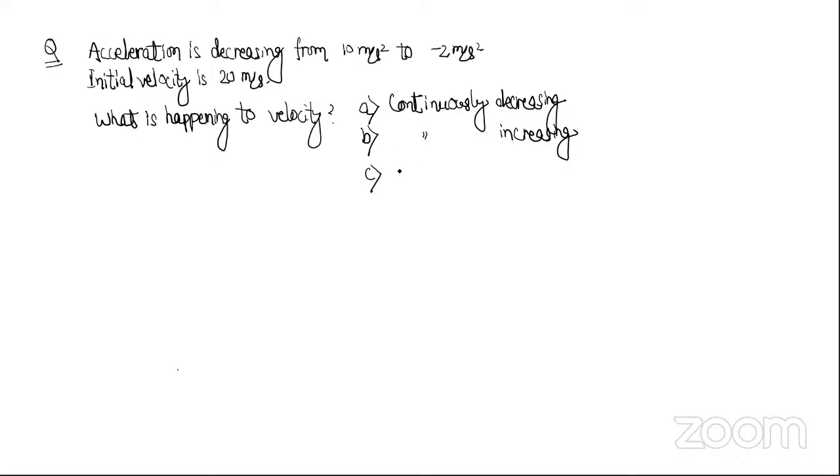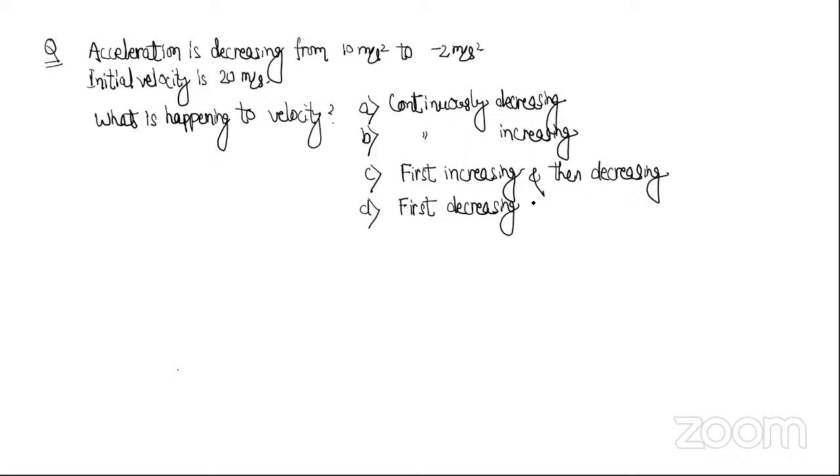C, first increasing then decreasing. D, first decreasing then increasing. Go. Which one? Think about it.